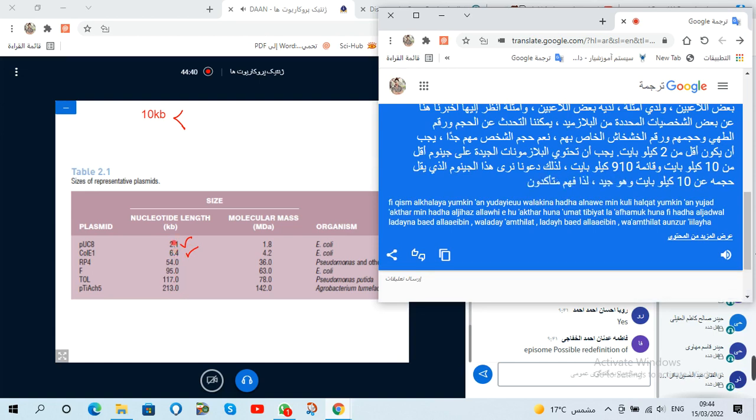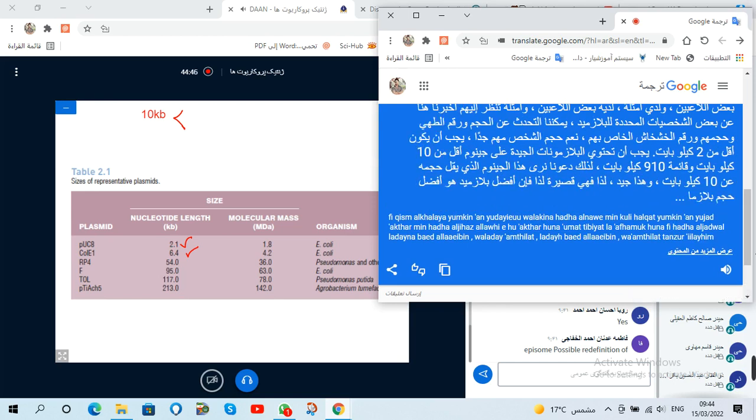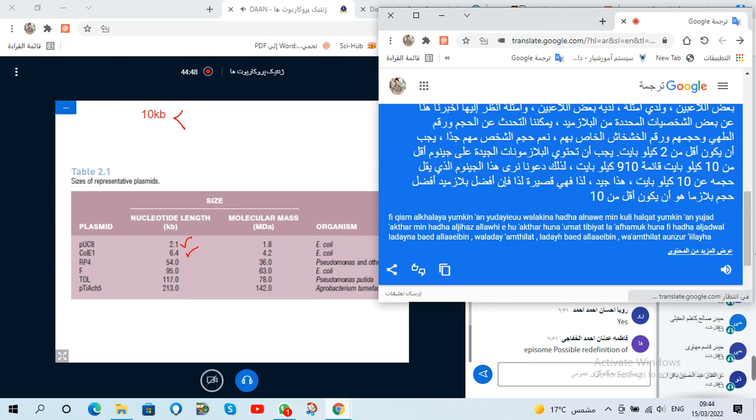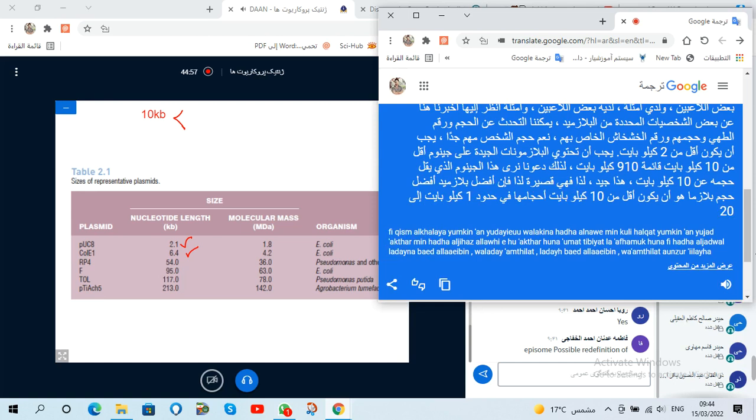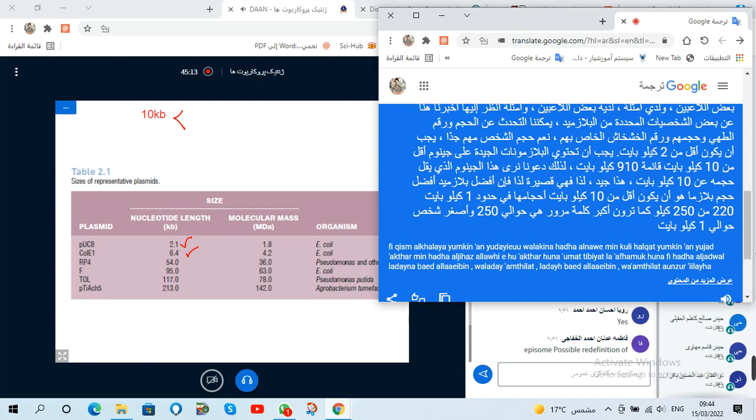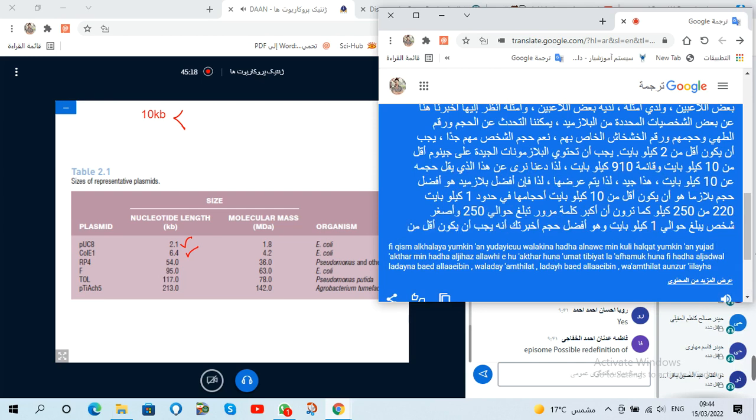The best plasmid size is less than 10 kb. Their size is in the range of 1 kb to 250 kb. As you can see, the largest plasmid is about 250 and the smallest plasmid is about 1 kb. So the best size, I told you, should be less than 10 kb.